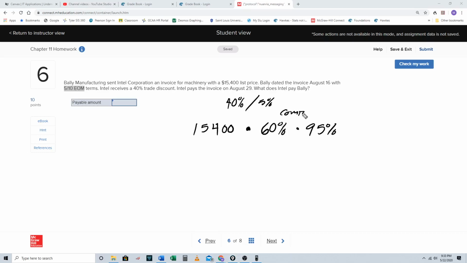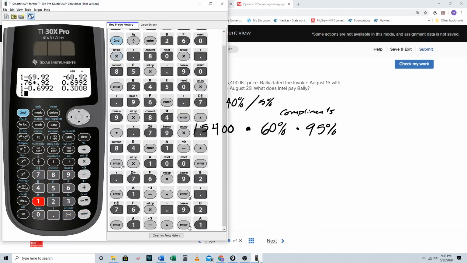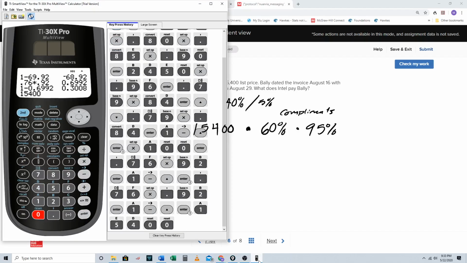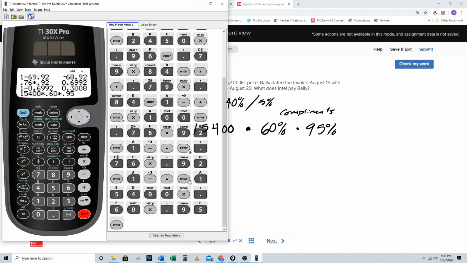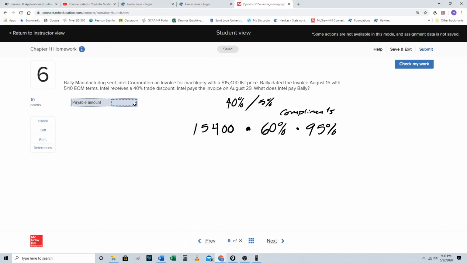So we plug that in the calculator: 15,400 times the complement of 40%, 0.60, times the complement of 5%, which is 0.95. So he's going to pay $8,778.